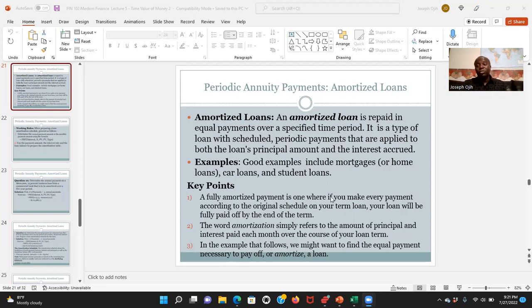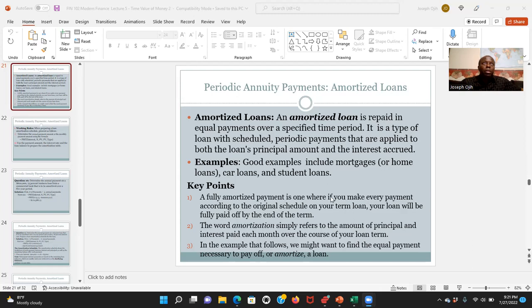There are even some personal loans that are amortized in this way. A fully amortized payment is one where, if you make every payment according to the schedule given over your loan term, then your loan will be fully paid off by the end of the term.